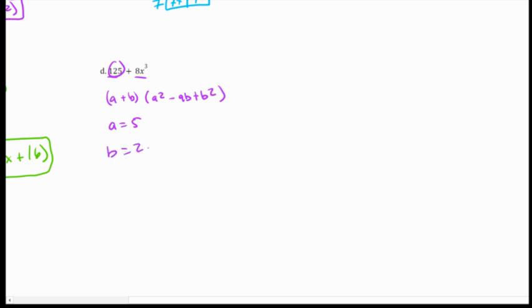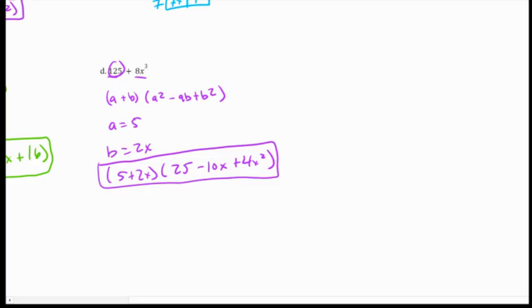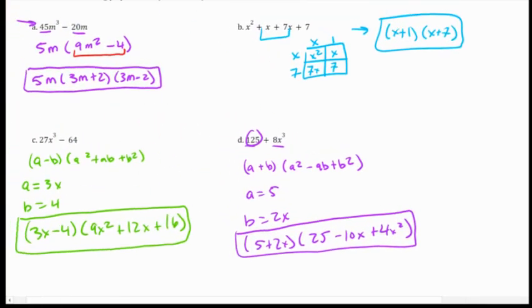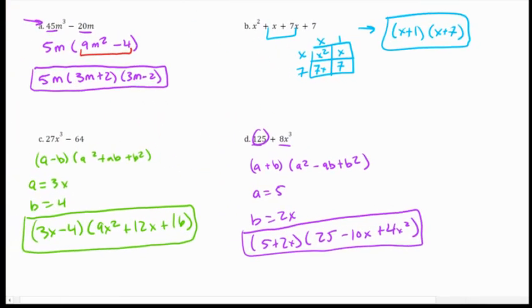B is 2x, so 5 plus 2x, 5 squared minus 10x plus 4x squared. And there's my final answer. And you could put it in standard form, but I'm not too stressed about that. But there's all of our 4 factoring problems using a couple different methods with our difference of cubes, sum of cubes, difference of squares, greatest common factor, and then the box.